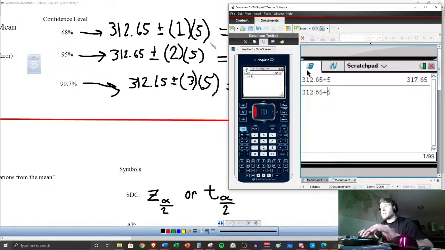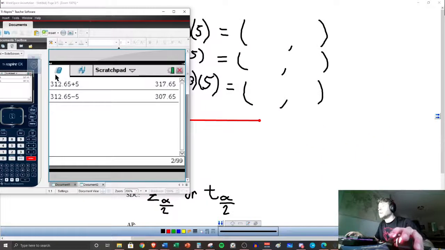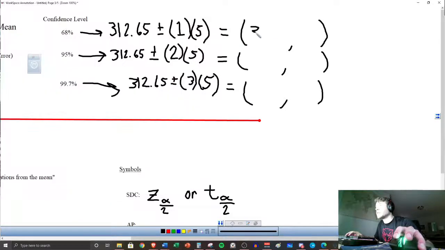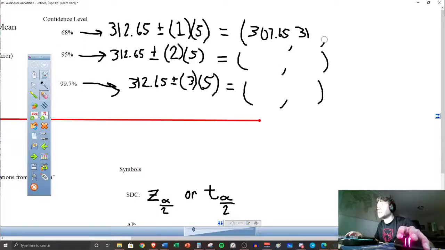Then we're going to go back and subtract 5. All right, so that gives me 307.65 and 317.65. So 307.65, 317.65, and I have to erase a little bit.